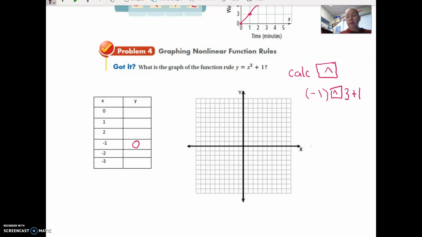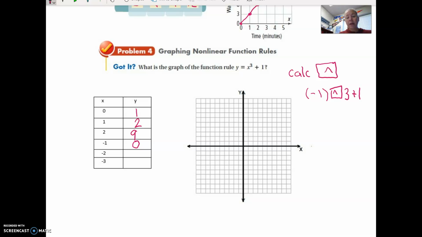So there is a certain way to type those in to make sure that you're always getting the correct answer back. So if I plug in 0 here, I'm just left with 1. If I plug in 1 here, I'm just left with 2. If I plug in 2 here, we would have to do 2 to the third power plus 1. So that would give us 9.